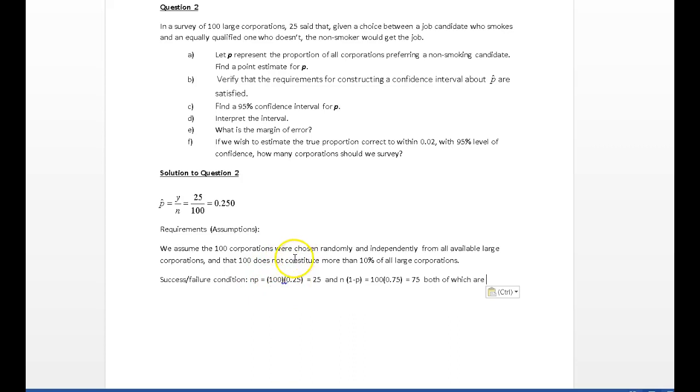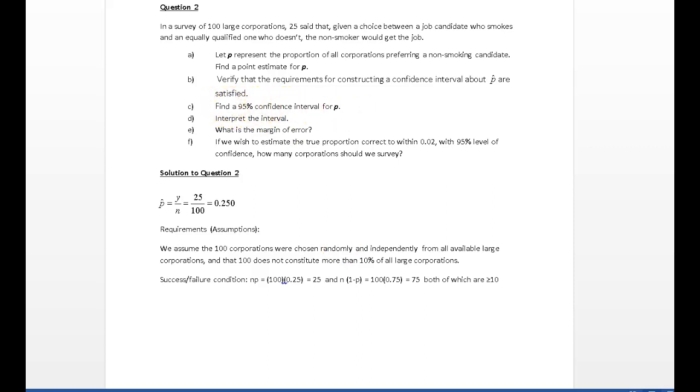I had 100 corporations, so the number of successes out of 100 was 25, and this represents the number of failures. These are the corporations who don't care whether you're hiring a non-smoker or not. 1 minus p is going to get me 0.75, and therefore I get 75 failures. Both of these numbers, the 25 and the 75, are supposed to be greater than 10. So that condition has been met. We're good to go.